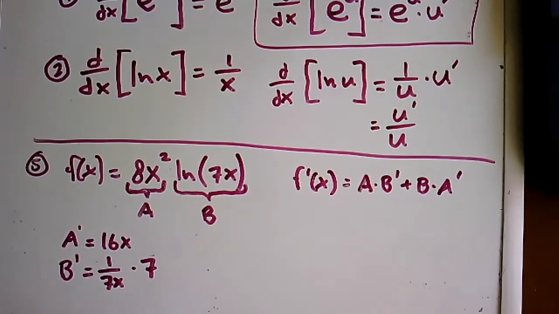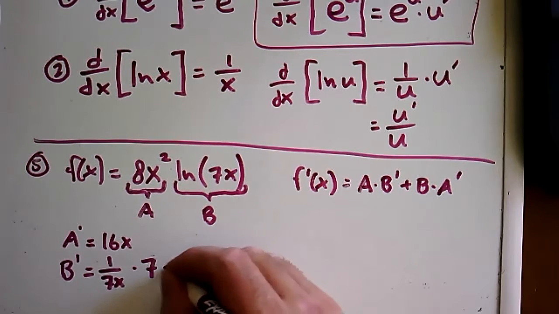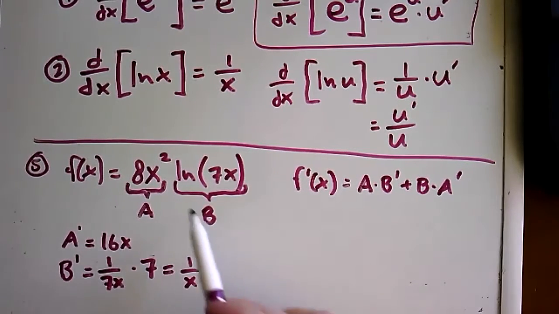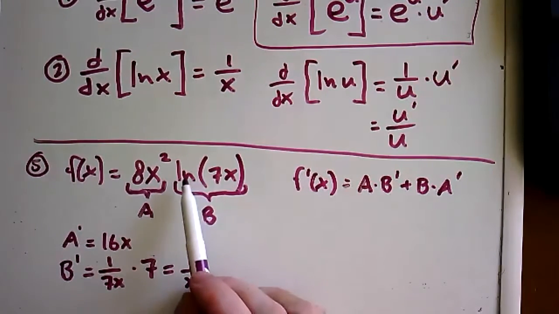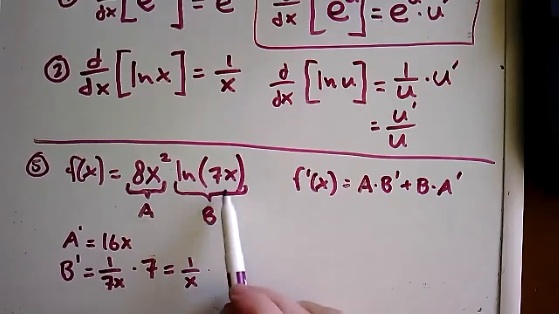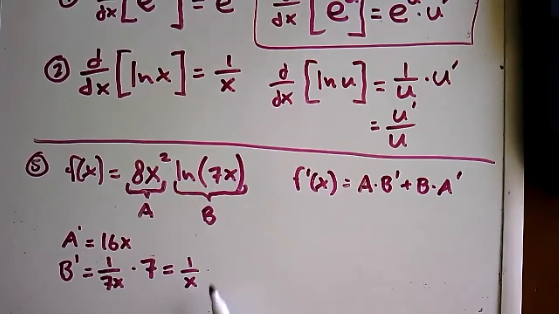This is interesting. You'll see this pattern pop up if you do a bunch of problems like this. And so we have a 7 over 7x. We don't have to, but if we wanted to cancel that, that just cancels to 1 over x. It turns out it doesn't matter if you have natural log of 7x, natural log of 100x, natural log of negative 2x. The derivative always ends up just being 1 over x in this case.